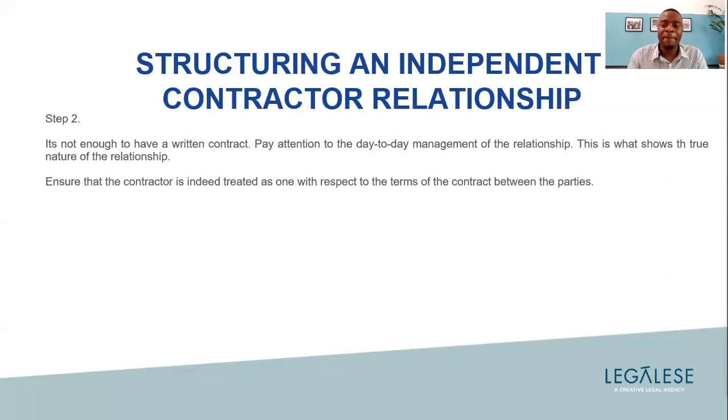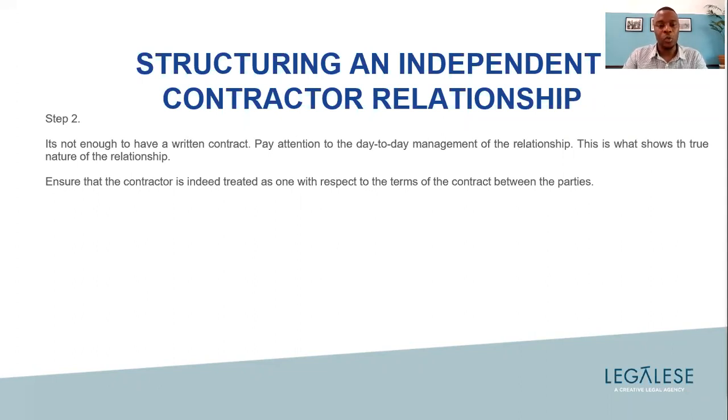If you say that the person is free to conduct their work, you cannot be seen to be giving this person directions on how they're supposed to work, when they're supposed to work, and so on and so forth.